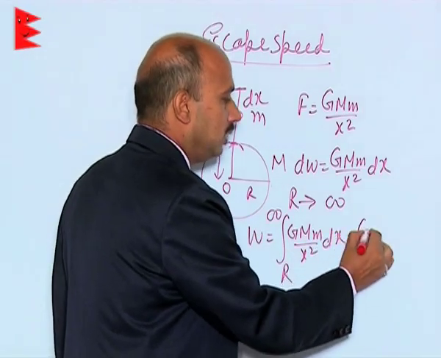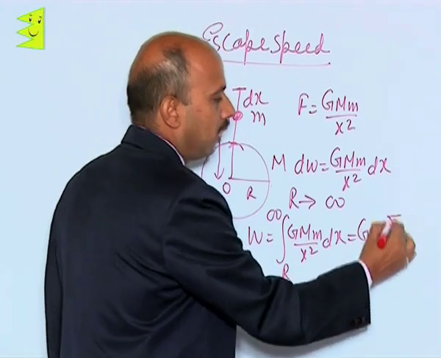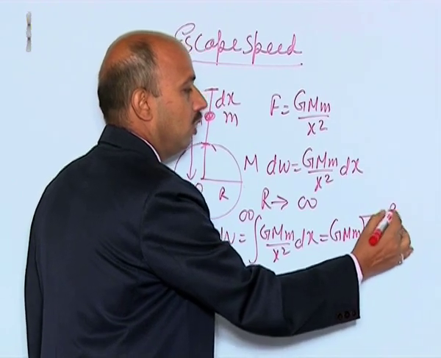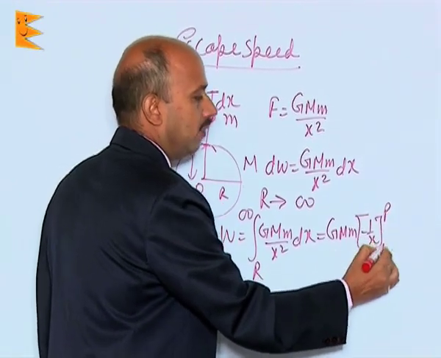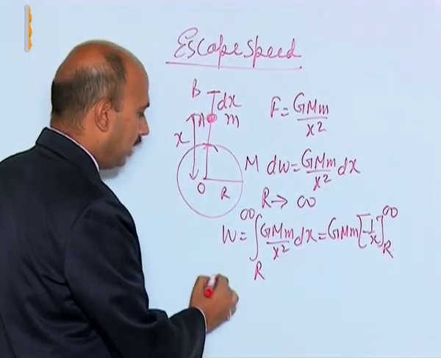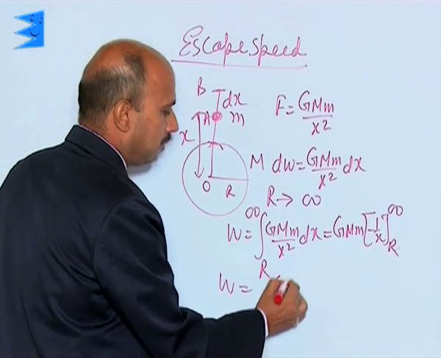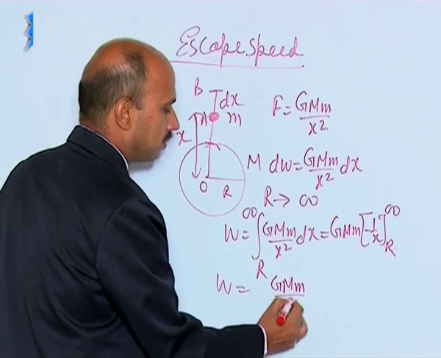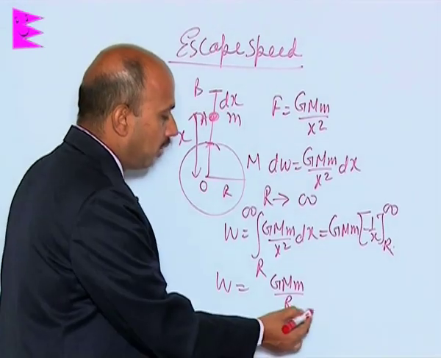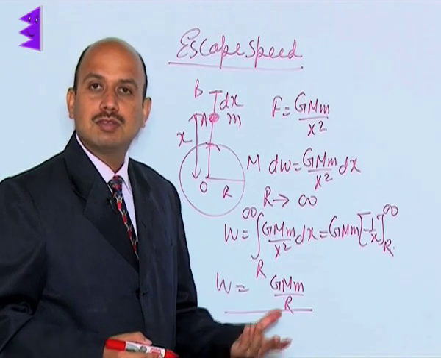GMm is constant, and the integration of 1 upon x square is minus 1 upon x, from R to infinity. Now we can write W equal to GMm upon R. This is the work done to take the body from the surface of earth to infinite distance.